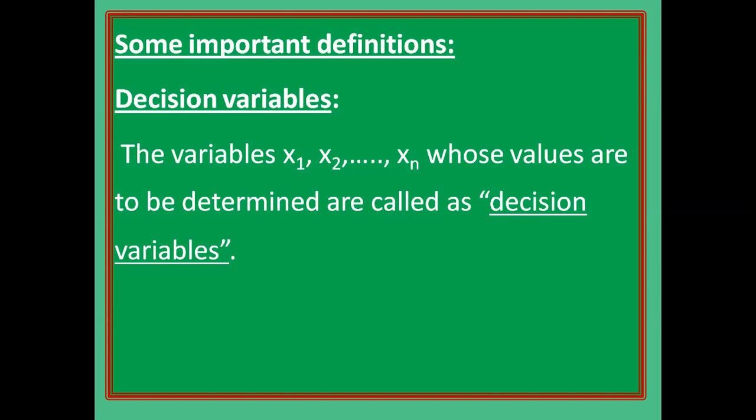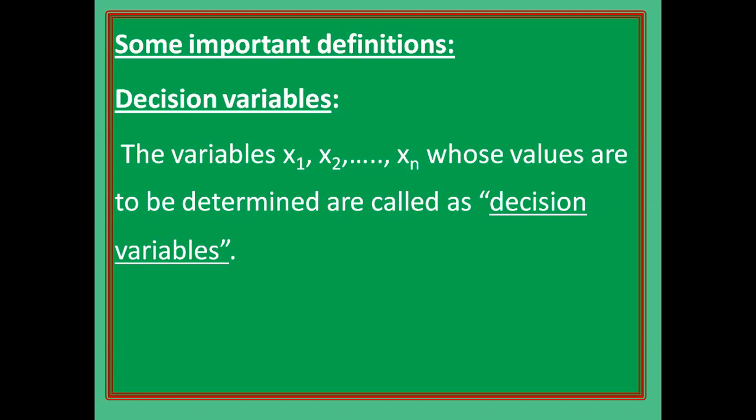Here it is given in n dimensional way, x1, x2, so on up to xn, but as we already know, in our syllabus it's restricted to only two decision variables, either x1, x2 or x comma y.